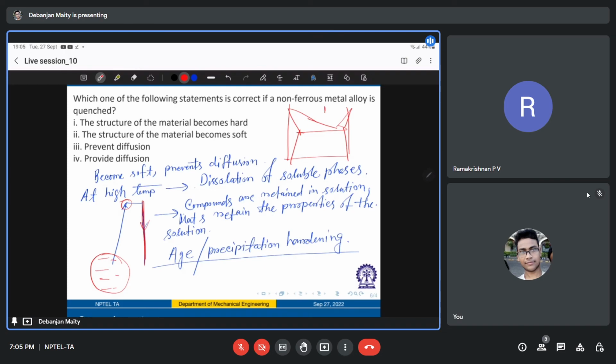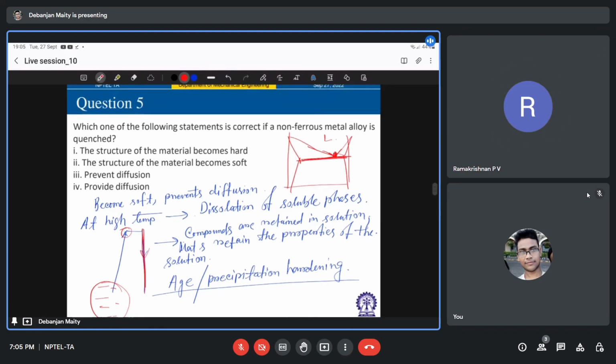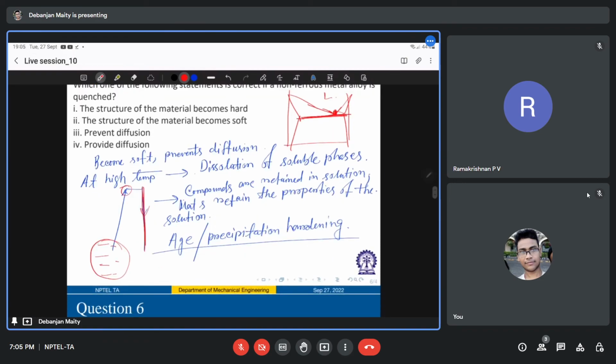This is my eutectic. Initially it was all liquid, and then at this isothermal transformation temperature, it forms alpha plus beta. Some kind of lamellar structure will form. It rejects the two phases.